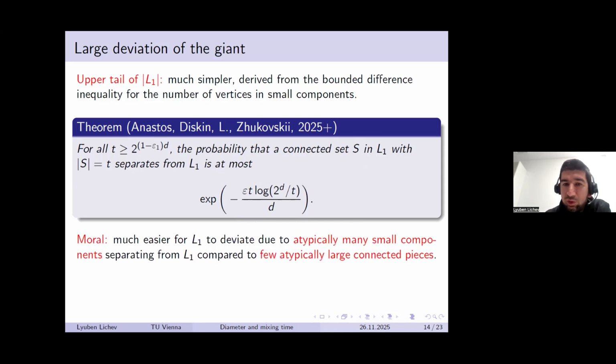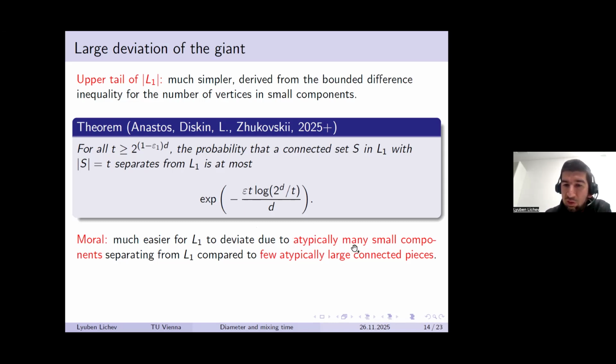So what's the moral of the story here? The moral is that if we want to estimate large deviations of L1, our giant component, then these large deviations typically come from many small components which separate here and there from the giant, rather than very few atypically large connected pieces which separate from the giant.